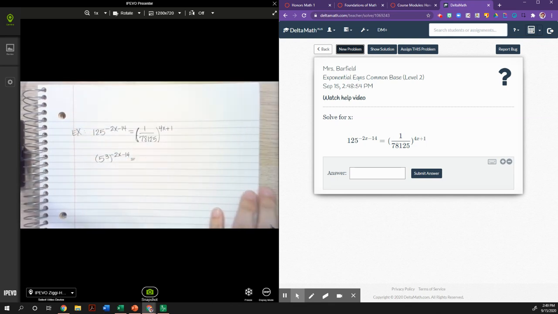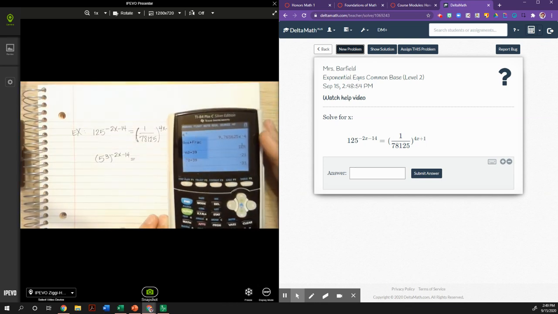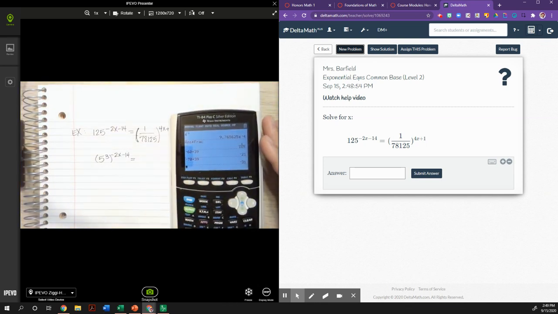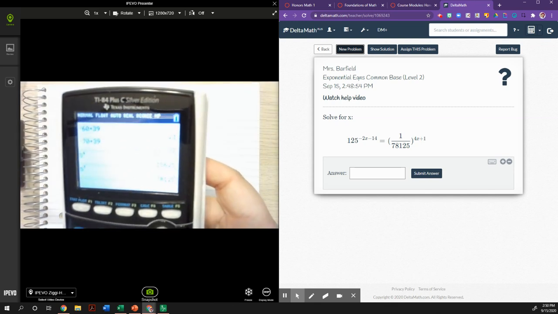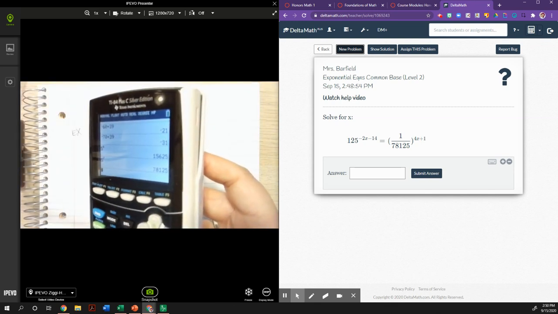Now 7,800 is not on my calculator, so I'm going to go to the 6th power. 5 to the 6th power, it's not there, 5 to the 7th, there we go. So I did have to use my calculator.